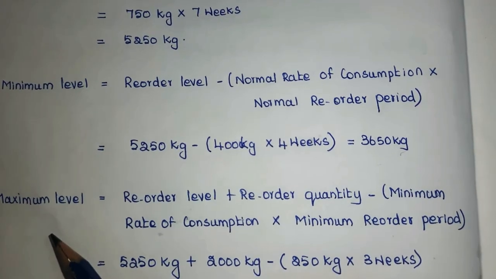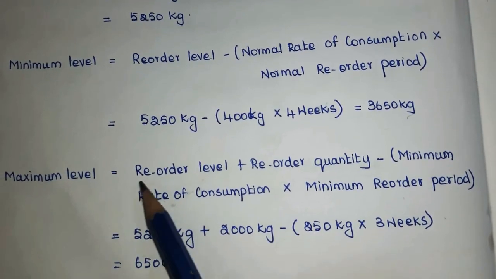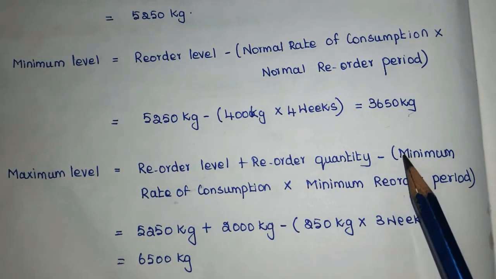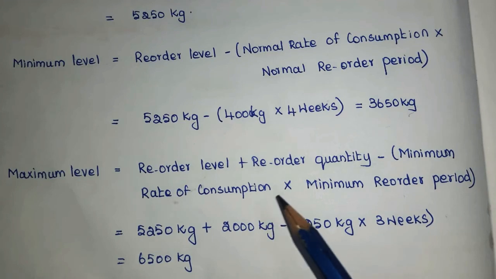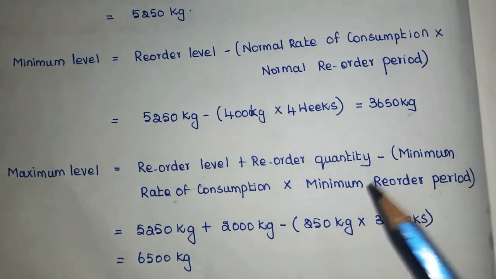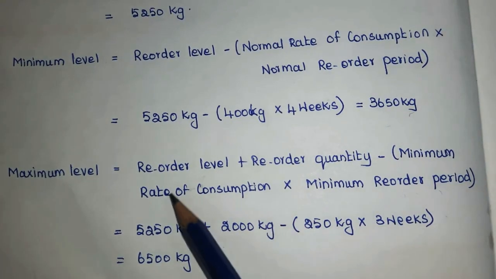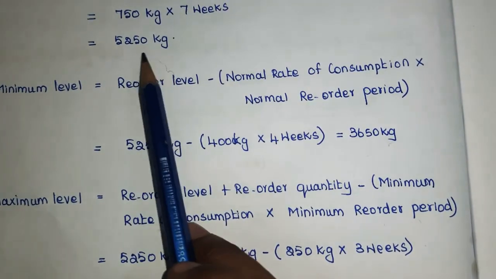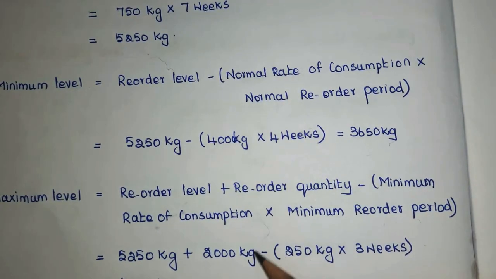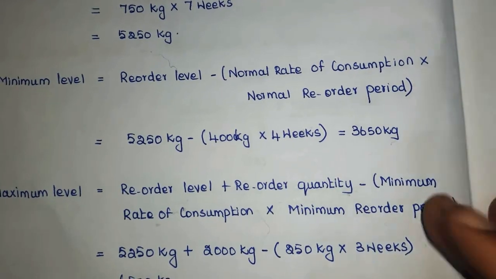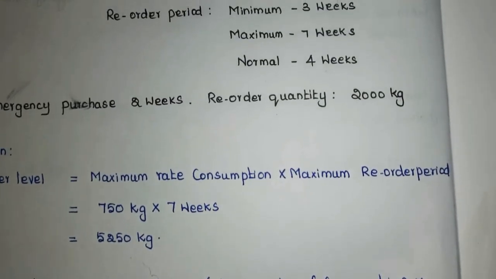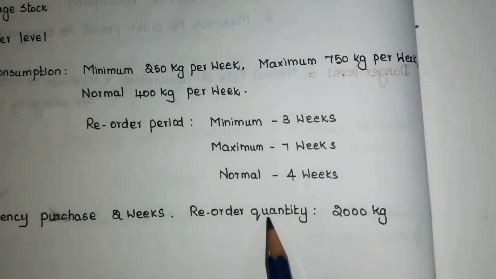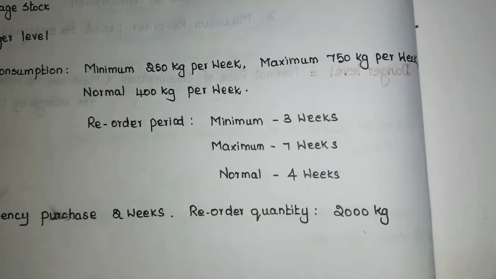The next question subdivision is maximum level. Maximum level equals reorder level plus reorder quantity minus open bracket minimum rate of consumption into minimum reorder period. In this problem, we have already found the reorder level, that is 5250 kg, plus reorder quantity. The reorder quantity is given as 2000 kg, and that can be substituted.